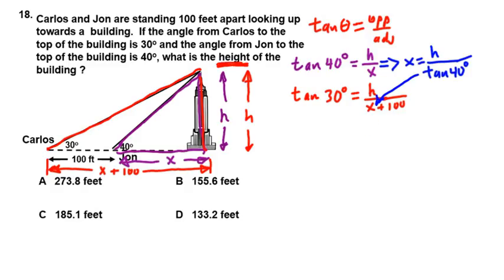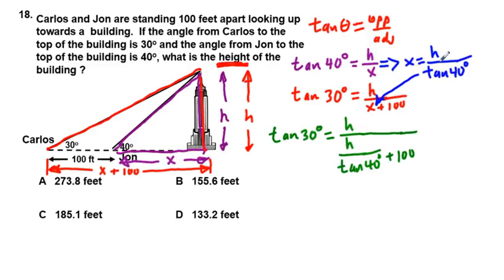Bringing down that second equation with our substitution, we have the tangent of 30 degrees is equal to h over, replacing x, h over the tangent of 40 degrees, plus 100.